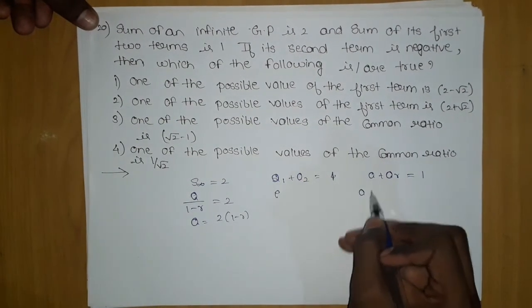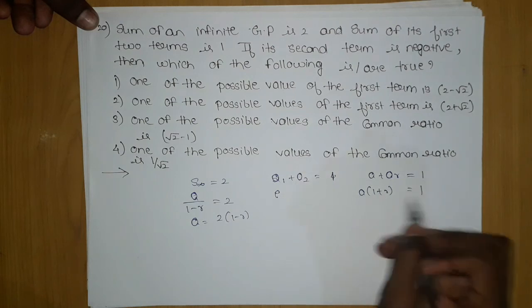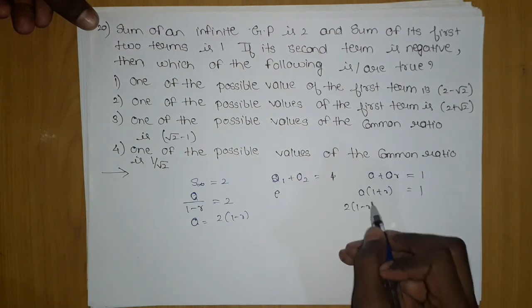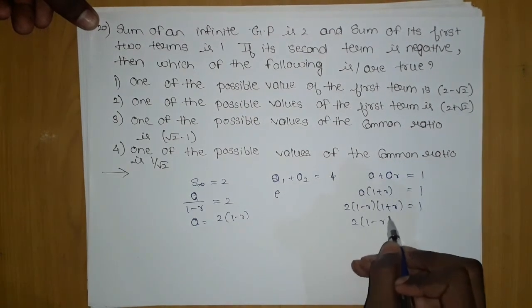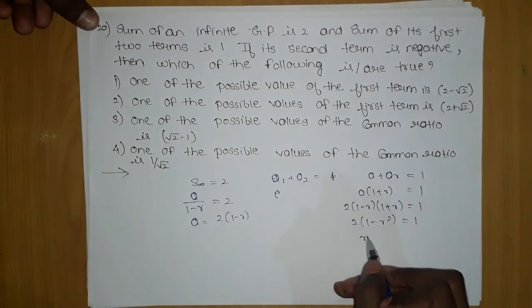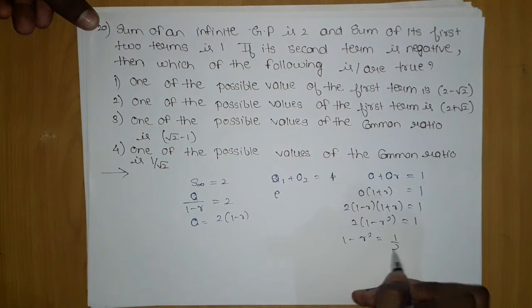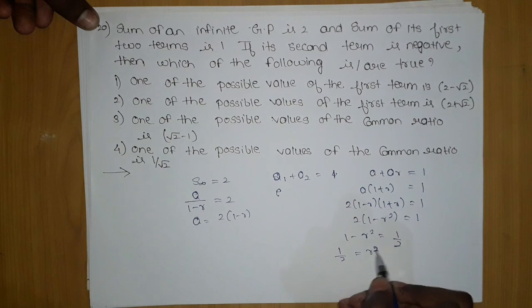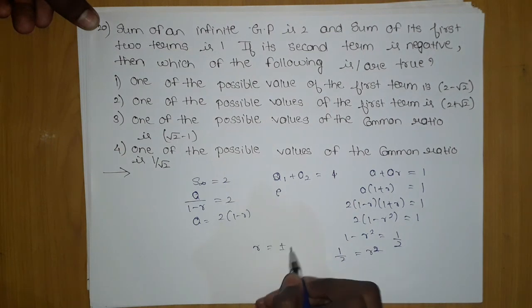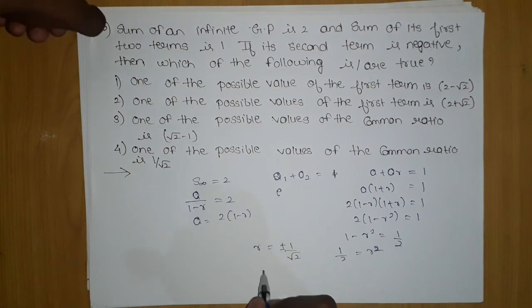This gives 1 plus r equal to 1. If I substitute, I get 2 into 1 minus r into 1 plus r equal to 1, which gives 2 into 1 minus r square equal to 1, giving me 1 minus r square equal to 1 by 2. This becomes r square equal to 1 by 2. Finally r will be plus minus 1 by root 2.